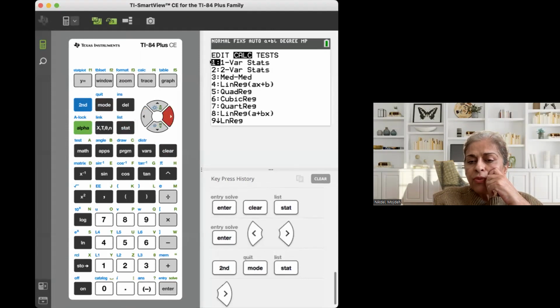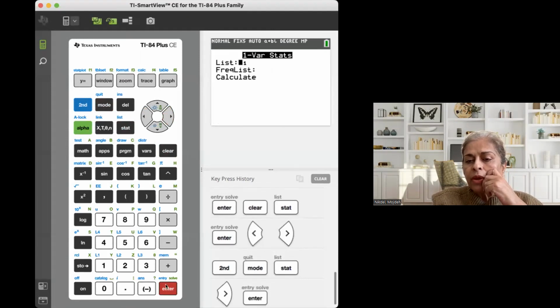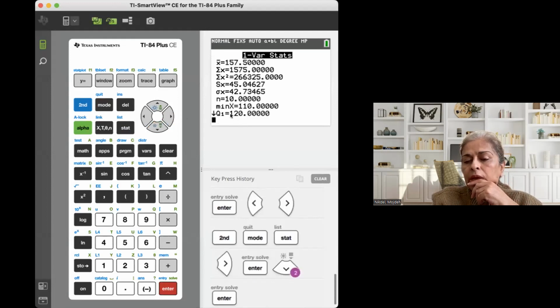You pick 1-Var Stats. For list you put L1, ignore the frequency list, calculate. Then from the 1-Var Stats output for list 1, pick x bar and Sx, only Sx. Please do not pick sigma from 1-Var Stats.